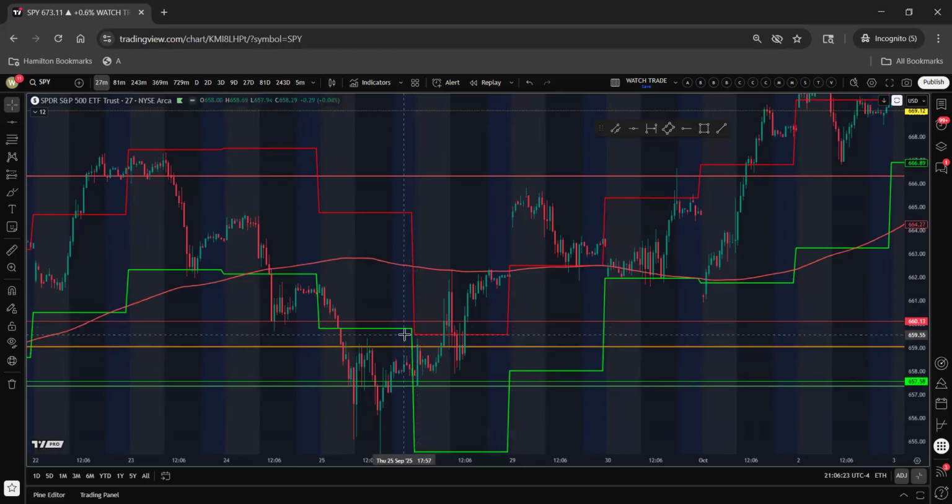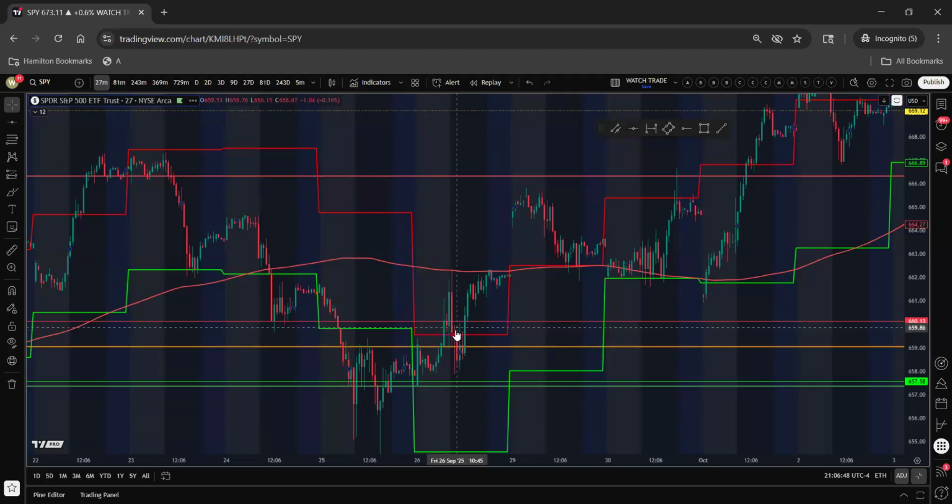That's 5 points of bullishness. There's call levels right here sitting at 659, and there's puts at 659.50 as well, and there's calls at 659, basically 660.